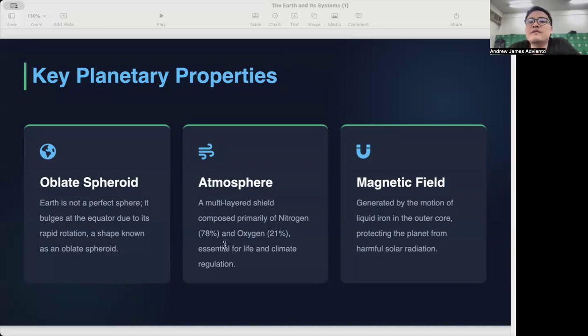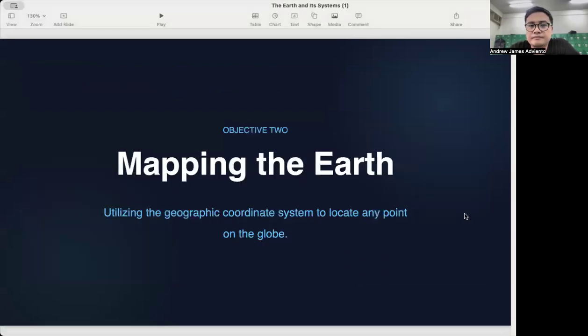Second, our atmosphere is more like a biological shield, mostly nitrogen and oxygen. Thirdly, our magnetic field. Without the invisible force field generated by our iron core, solar radiation would strip away our atmosphere and make life impossible.